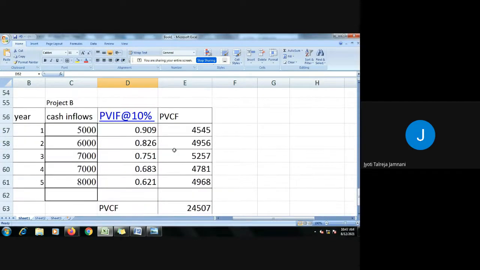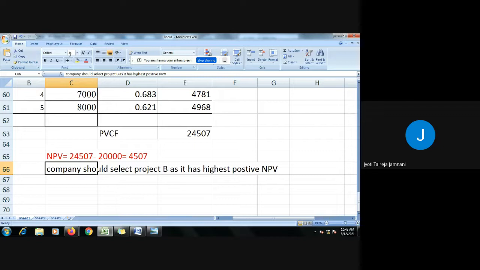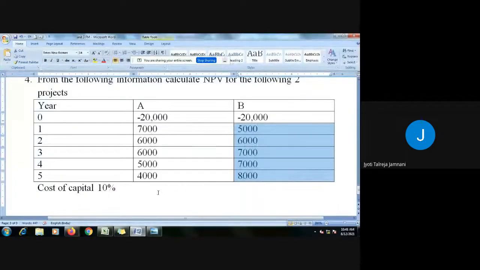So if they ask for a comment, we'll write: company should select project B as it has the highest positive NPV. So this is how it's going to work.